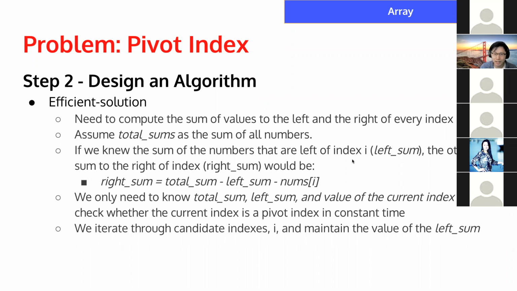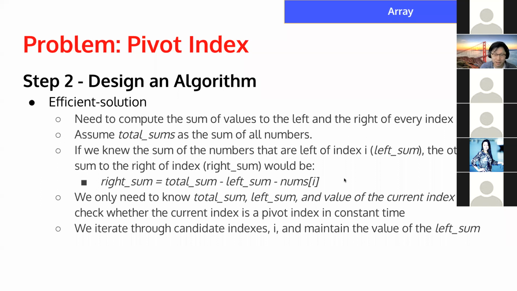You can imagine that, hey, if you know the left sum, which is the sum of all numbers to the left of index i, the sum to the right of the index, which we'll call the right sum, would be: right sum equals the total sum minus left sum minus the value pointed to by the pivot index, right? This is basically saying the right sum is the total sum minus everything on the left, as well as the value at the current pivot index, the current index.